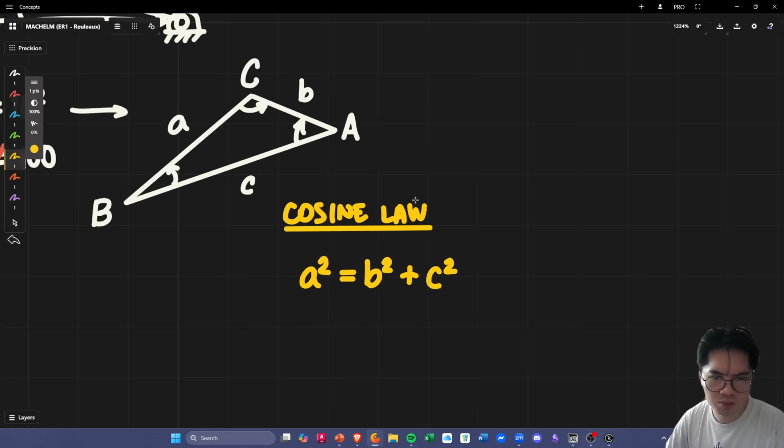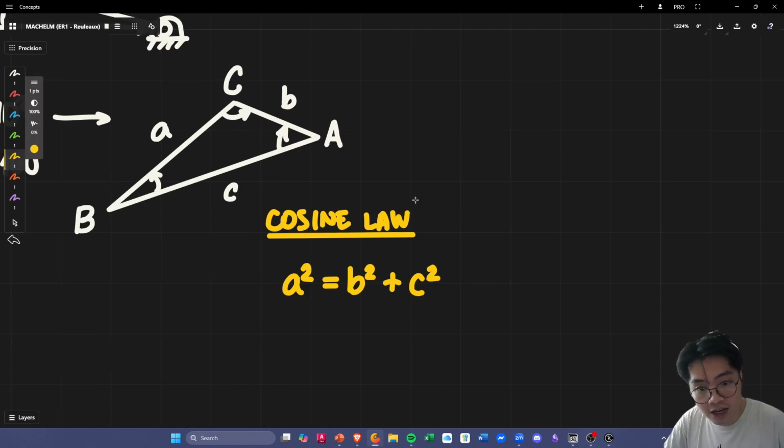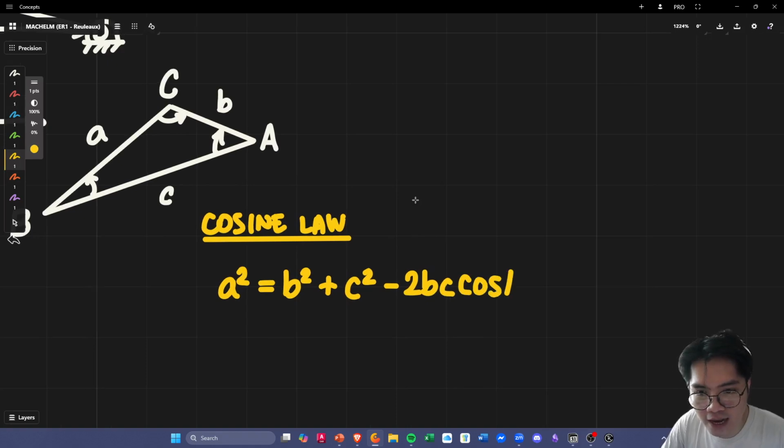And then you might say to yourself, wait a second, this just sounds like the Pythagorean theorem. Yes, this is where it comes from. And then you're going to add in here an adjusting term, minus 2BC, whatever is on the other side. You multiply them and then you multiply by cosine A.